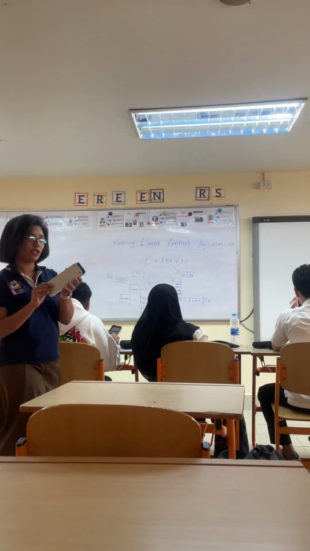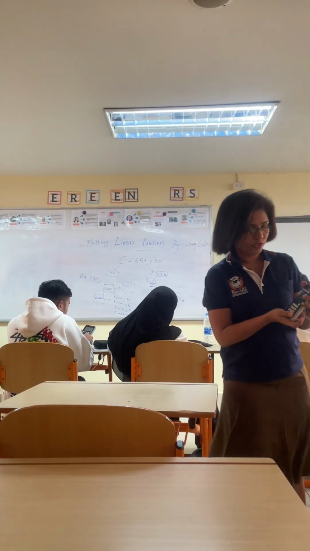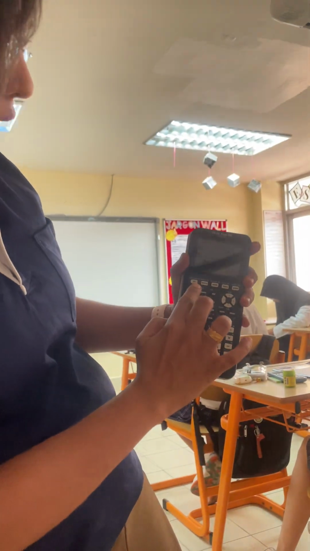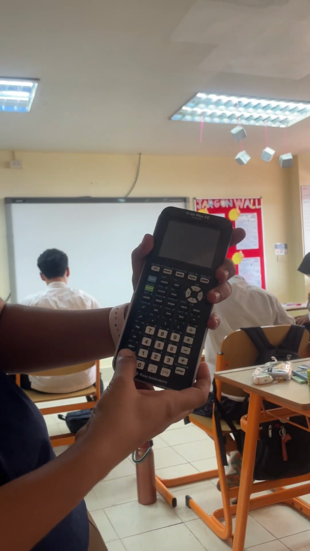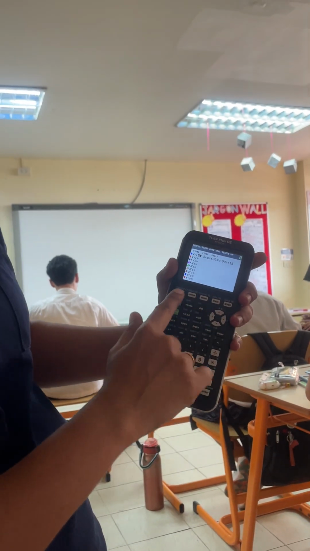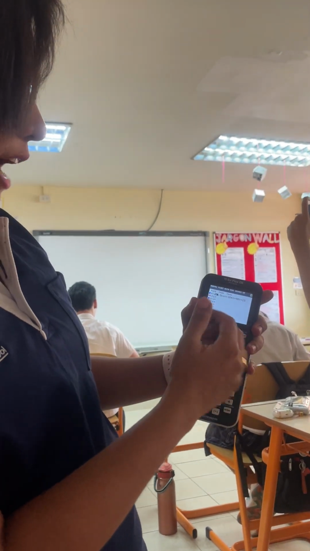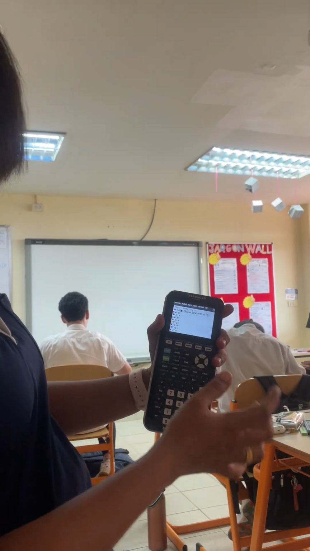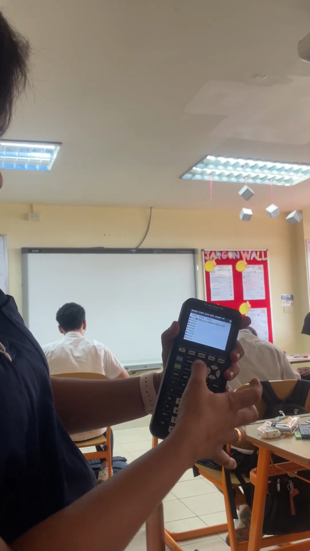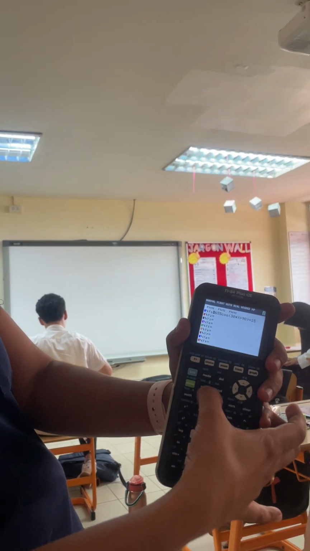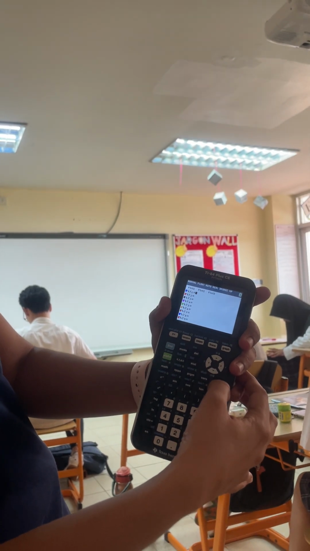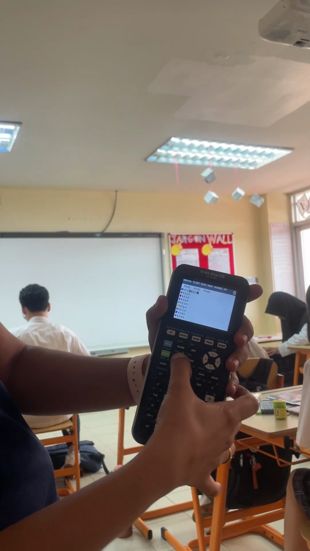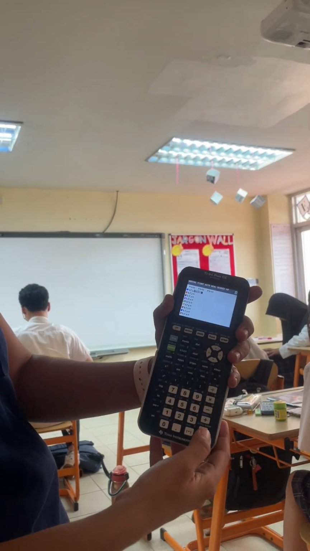So in the calculator you can see y equal to. Sorry, on y equal to, there is a graph already given. You need to replace that graph with the 65 X,T,theta,n. So there is x, so 65x plus 30.